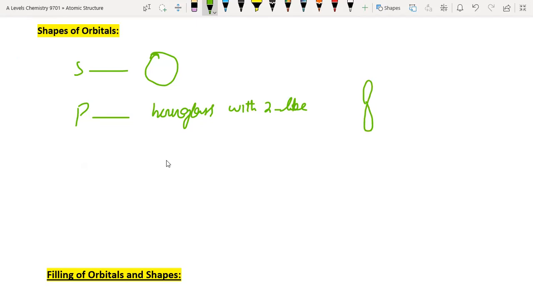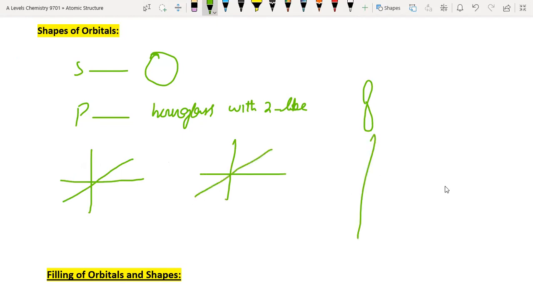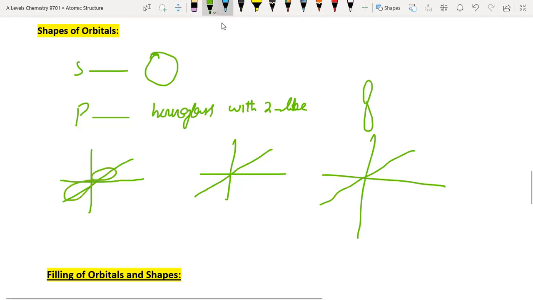There are 3 types of p orbitals: px, py, and pz. X, Y, and Z.